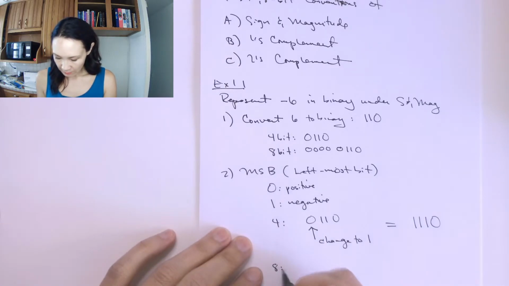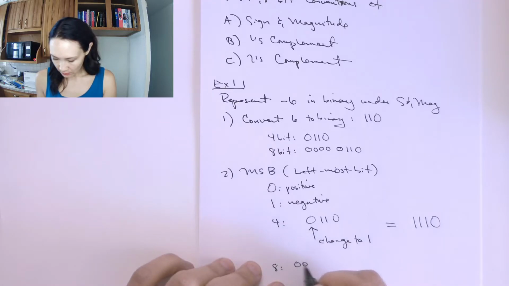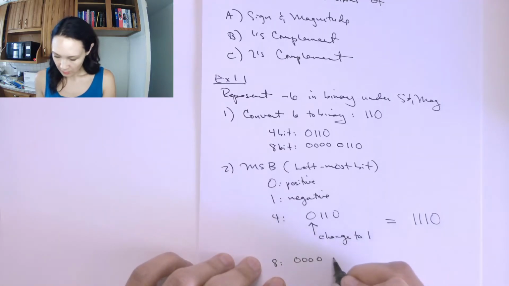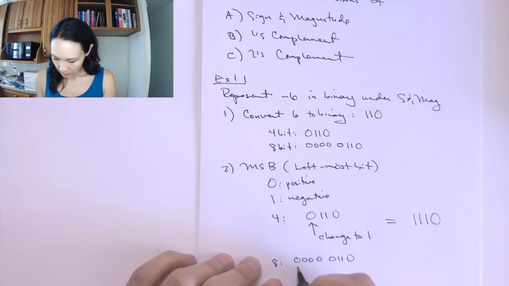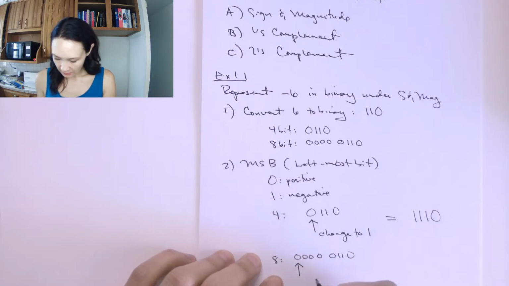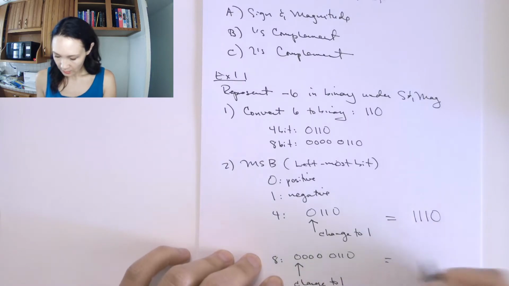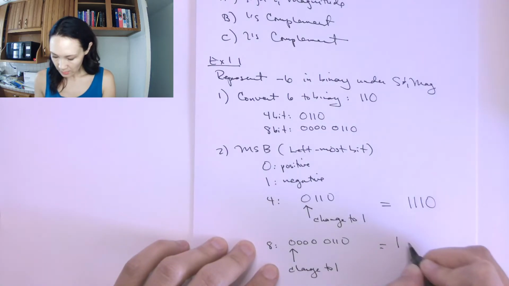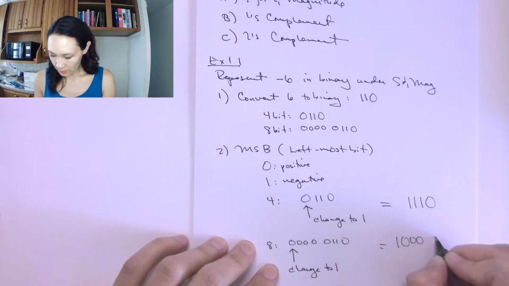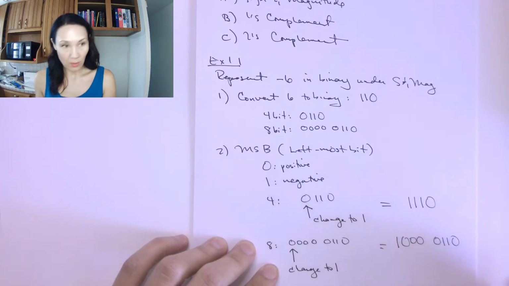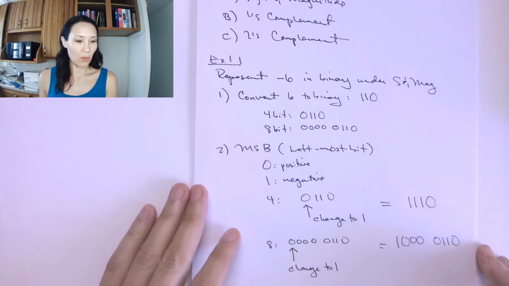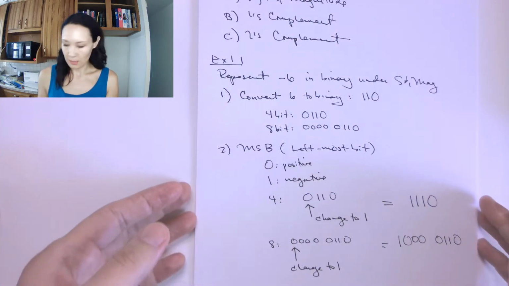Then in our 8-bit representation, 0, 0, 0, 0, 0, 1, 1, 0, this is our most significant bit, so we're going to change this to a 1. So that's going to give us 1, 0, 0, 0, 0, 1, 1, 0. Okay, so this is straightforward using sign and magnitude.